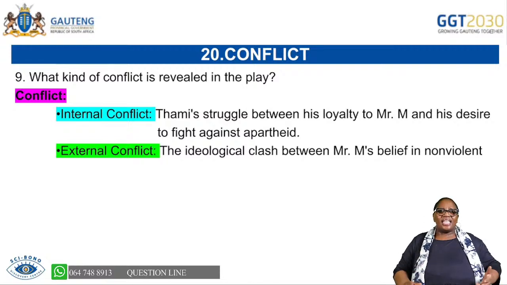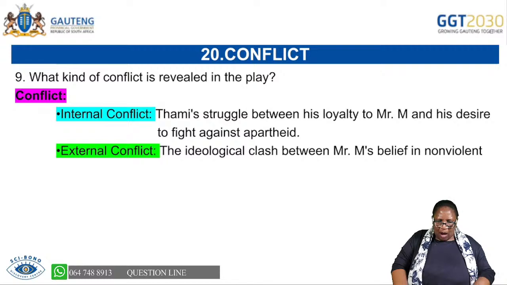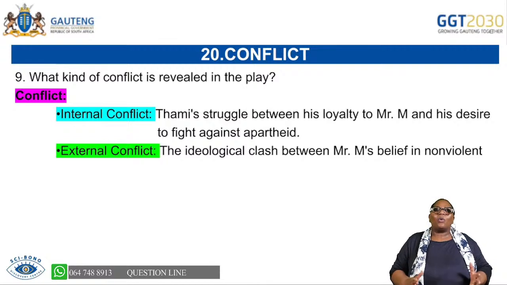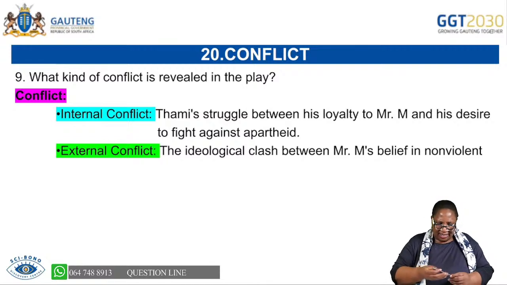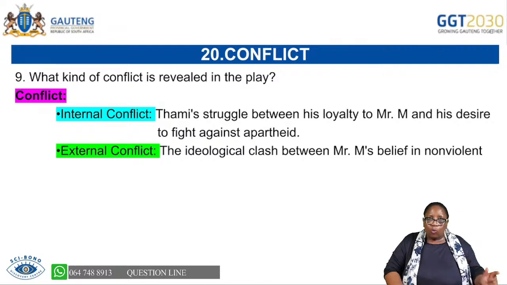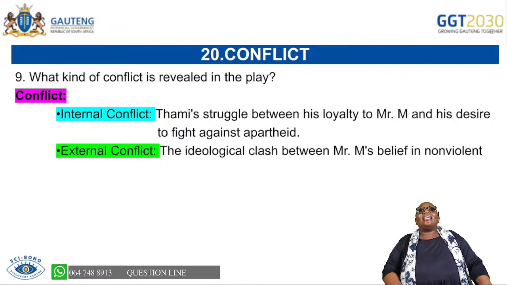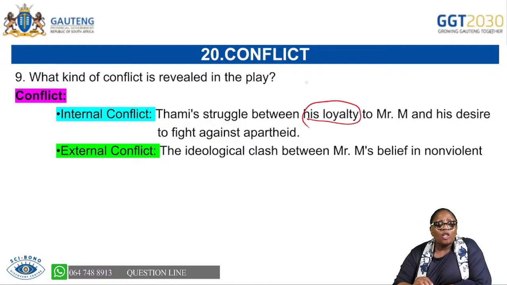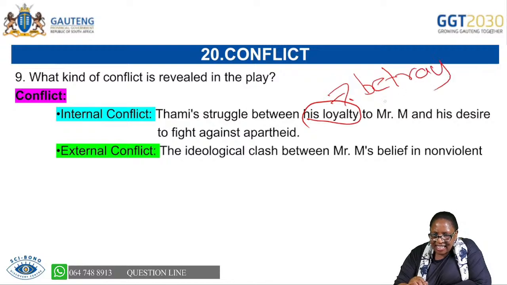He could easily make a choice and say, I want to fight for apartheid, or I want to stay loyal to Mr. M. But now he was in a quandary. He wanted to make a choice, and that was a difficult choice. Also, his choice to remain loyal to Mr. M would mean that he does what? He would betray his comrades.